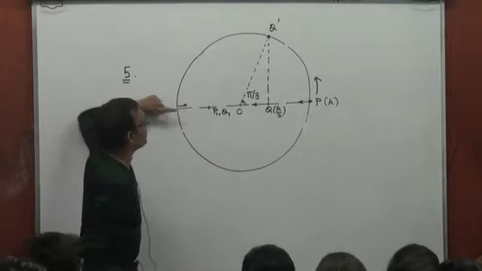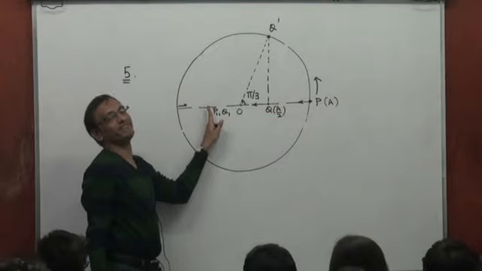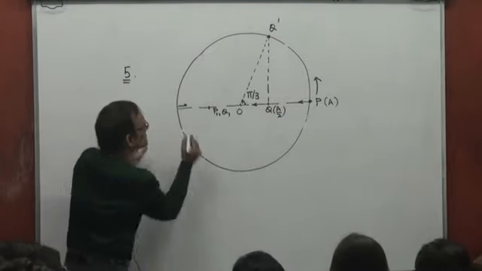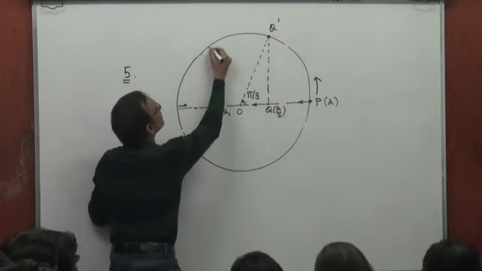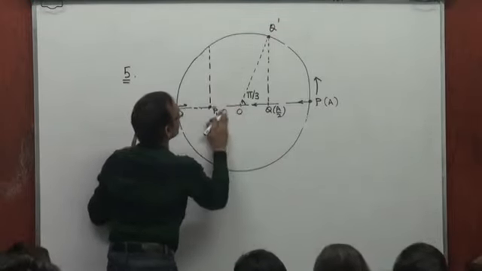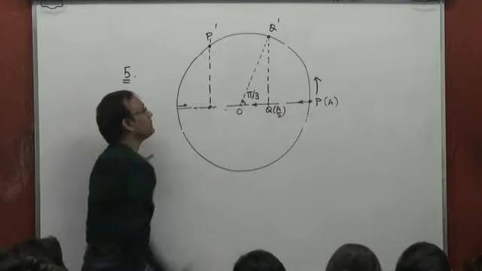So this is while Q is retracing and P is still traveling leftwards. If P is still traveling leftwards, its auxiliary particle would have been right here, P1 prime.